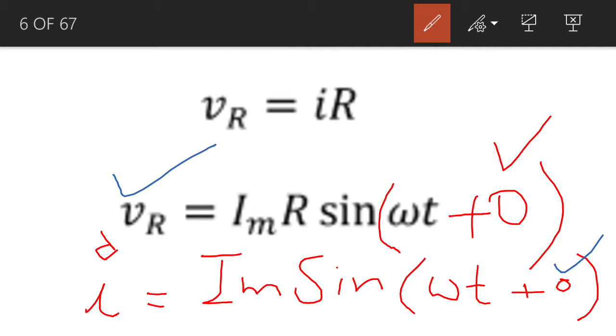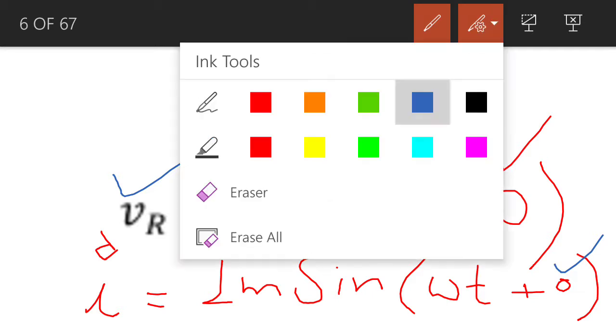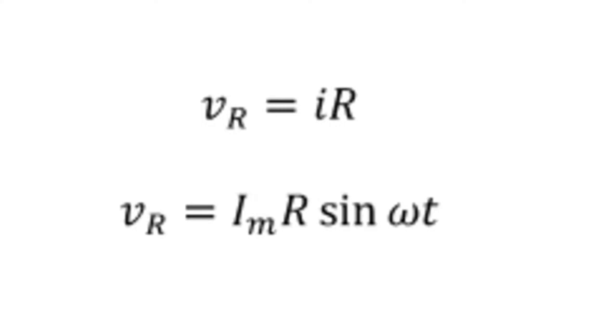So we say that the voltage across the resistor is in phase with the current. The voltage across the resistor is always in phase with the current because the phase angle of this voltage as well as this current are 0. So there is no phase difference between the voltage across the resistor and the current in the resistor.